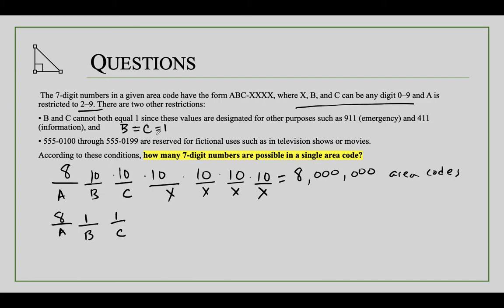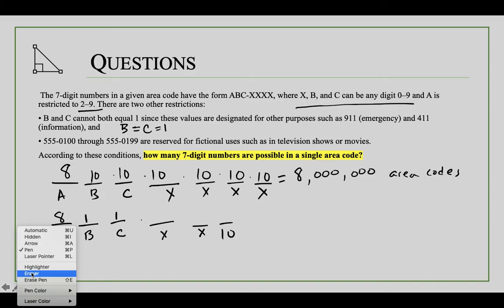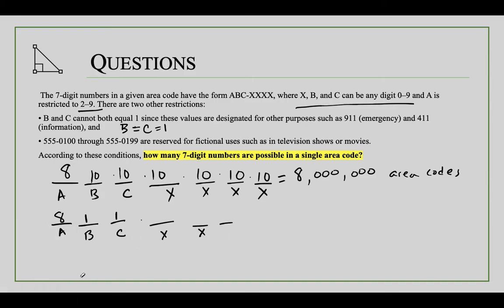So that means there's only one option for this happening, times my other possibilities, which is X, X, X, oops, not 10. Okay, so that's going to give me 8,000. So I know I'm going to be subtracting that.